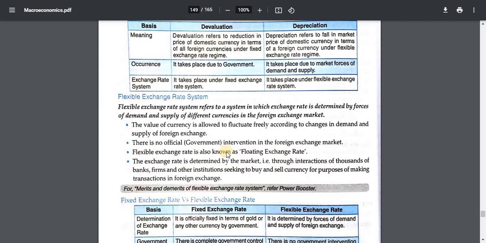Flexible exchange rate is also known as floating exchange rate. The exchange rate is determined by the market, that is, through interactions of thousands of banks, firms and other institutions seeking to buy and sell currency for purposes of making transactions in foreign exchange. For merits and demerits of the flexible exchange rate system, refer to Power Booster.